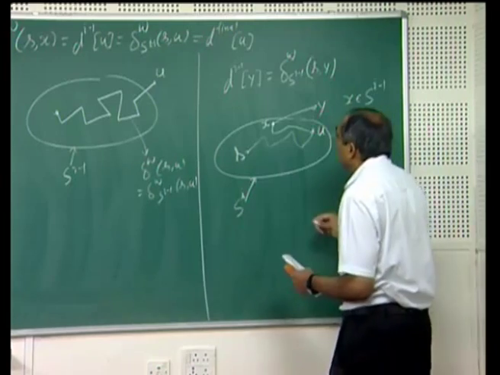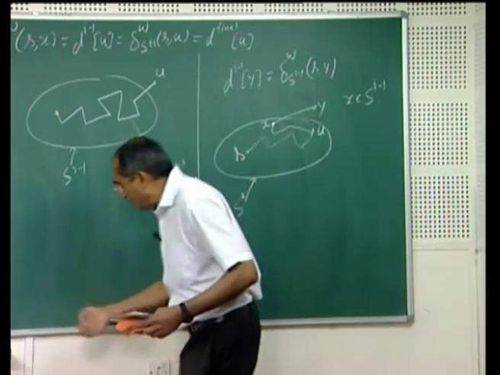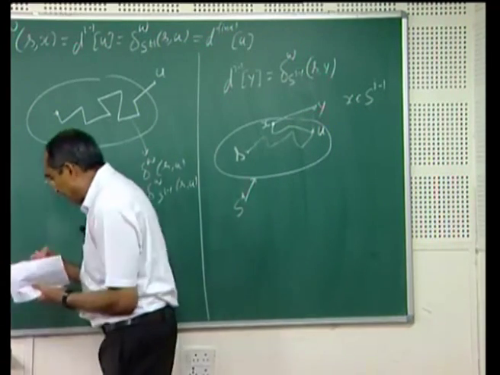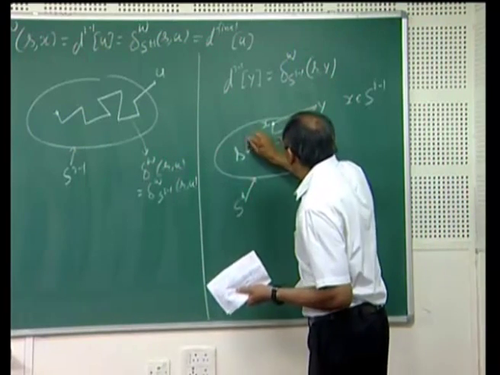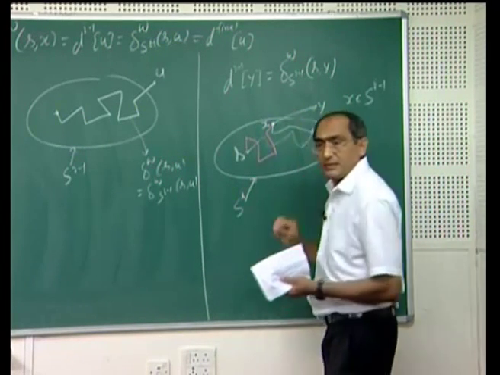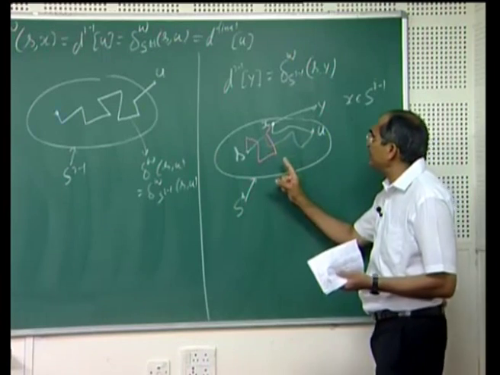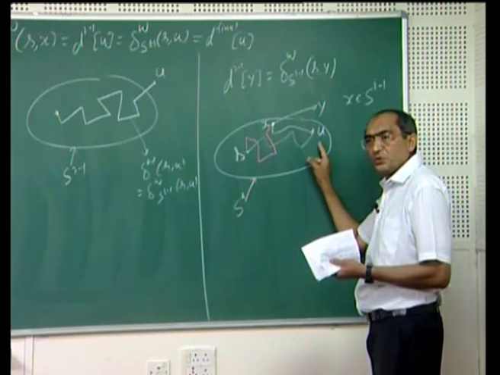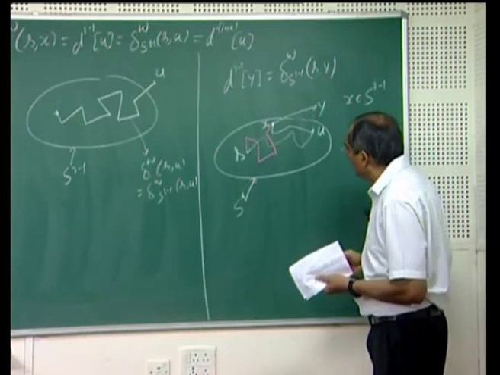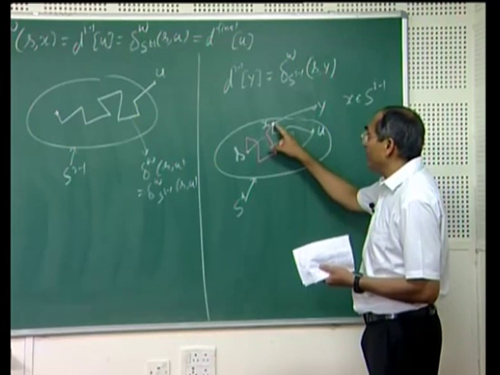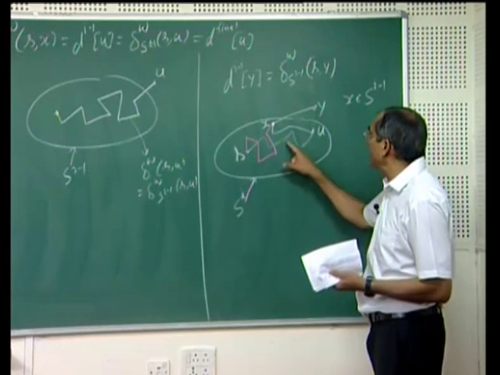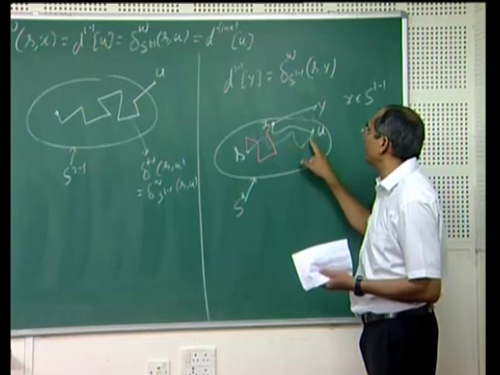So, I can take that path. So, let me pick that path. Let us say this is that path. This is something which does not use u. So, the weight of this path being optimum will be the same as, or less than or equal to, this weight.